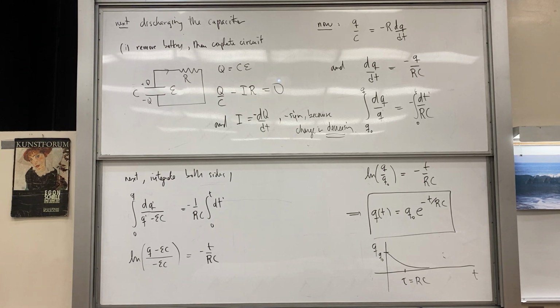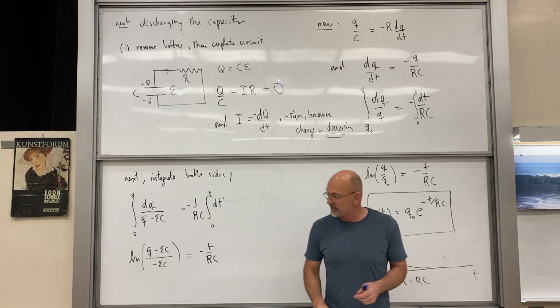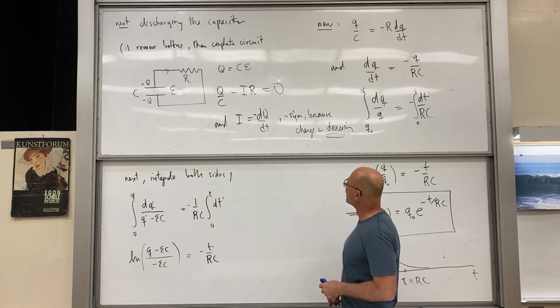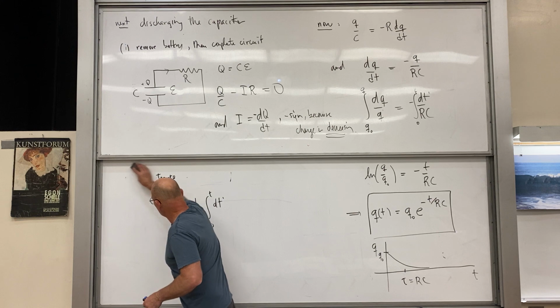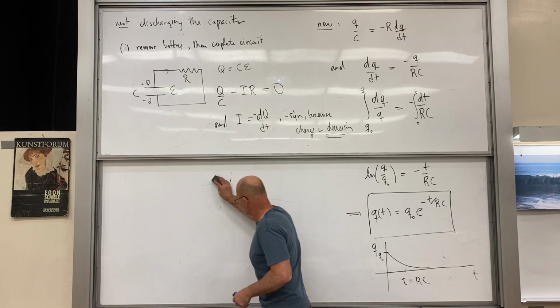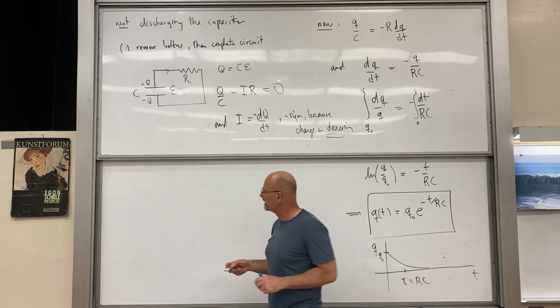Consulting the clock once again, that's about where we're going to leave it. So I'm going to assign some homework problems and maybe say a word or two about each one. This will be homework for the 17th lecture.